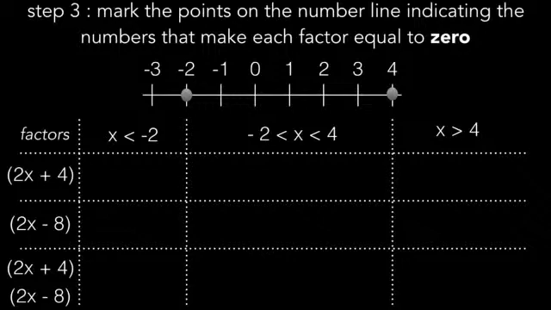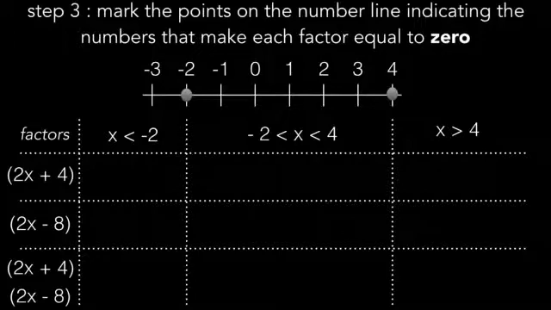In order for us to get our signs, we must start with a particular region. Let us start with x < -2. On the first row, you can see the factor of the given inequality, 2x + 4. We must substitute any number lesser than -2 into the factor 2x + 4.